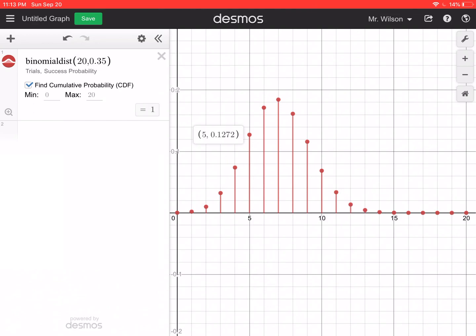Well, we get about 0.1272 as that corresponding value. And the reason that these are all vertical lines is because this is discrete. These are countable, so we don't form them into a smooth curve. These are all distinct from each other.